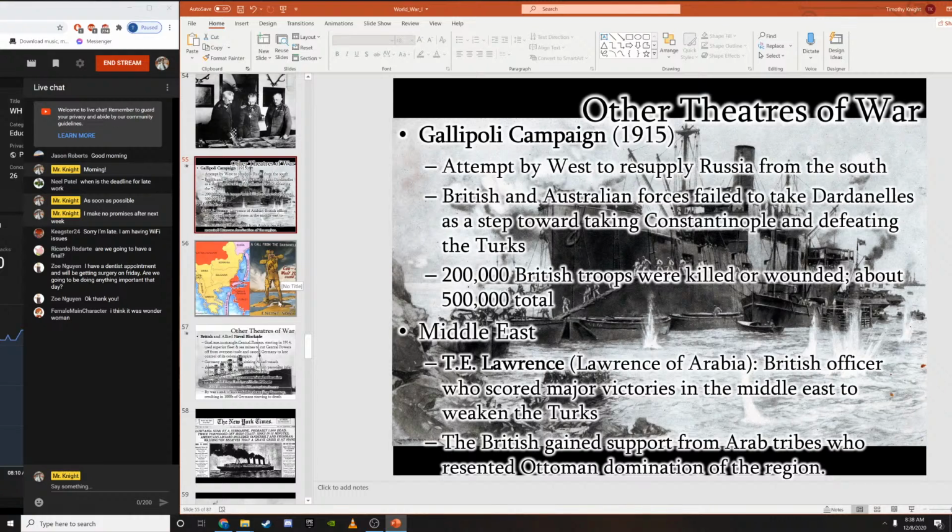Meanwhile, the British also are getting involved in the Middle East, and you may have heard of Lawrence of Arabia. T.E. Lawrence was a British military officer who scored major victories in the Middle East to weaken the Turks. And the British gained support from a number of Arab tribes who resented the Ottoman domination throughout the region.